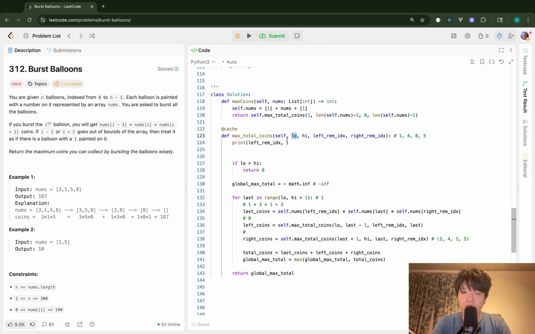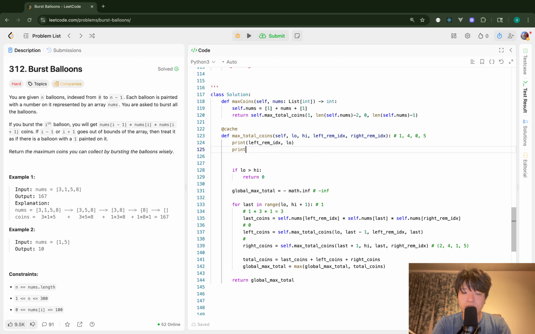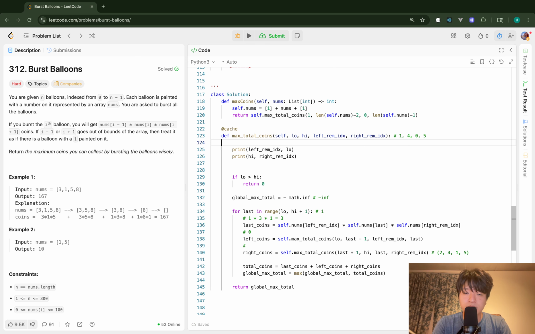And let me tweak something a little bit. This is another recursive function call. Yep, so I will print it out.